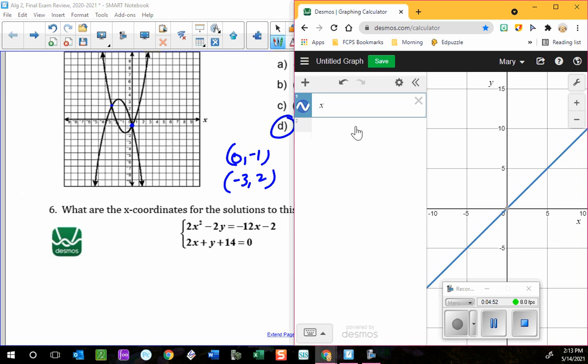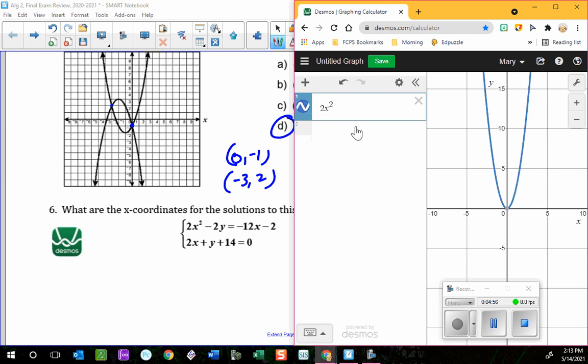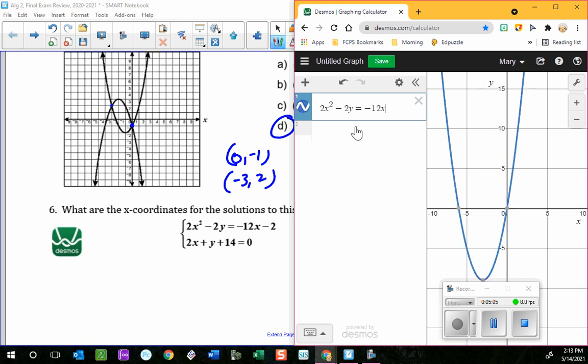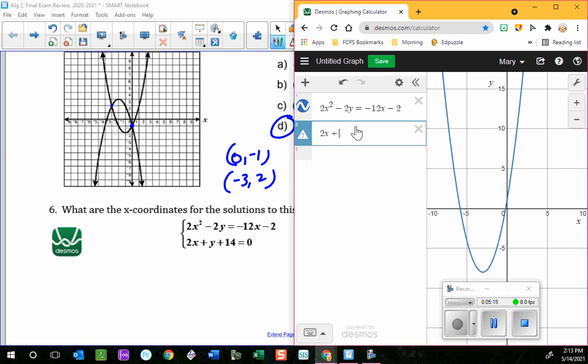Type in 2x squared minus 2y equals negative 12x minus 2. And you know, it would be nice if you would solve for y, but we don't have to in Desmos. Next one, 2x plus y plus 14.